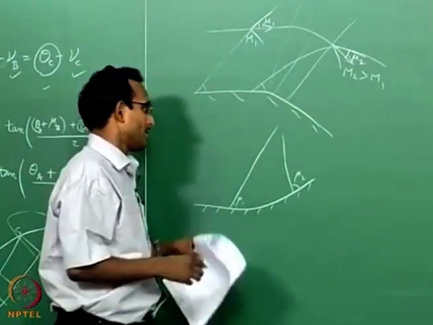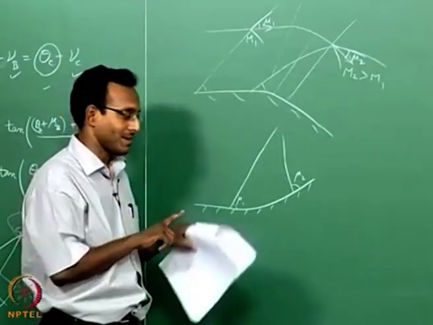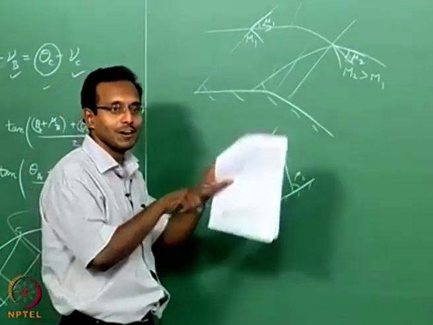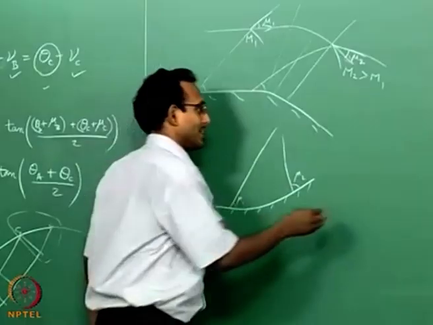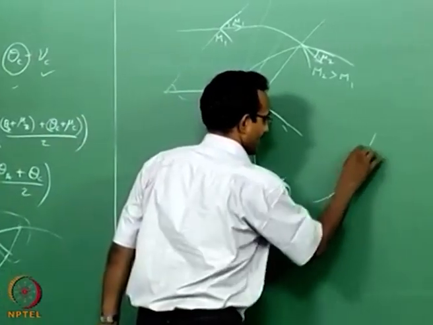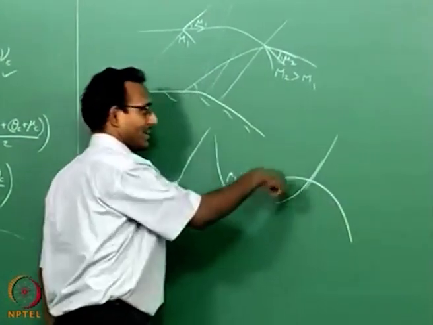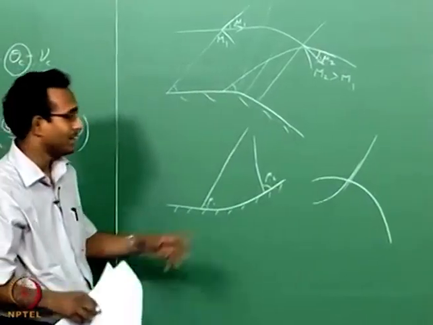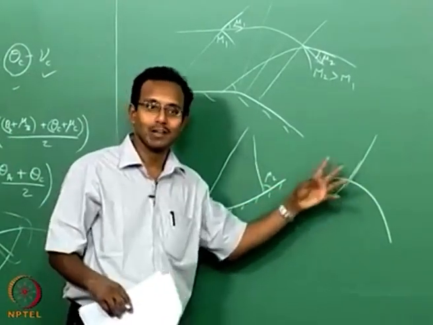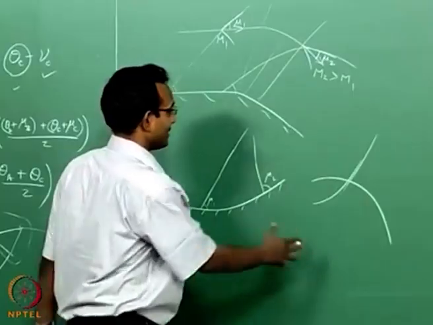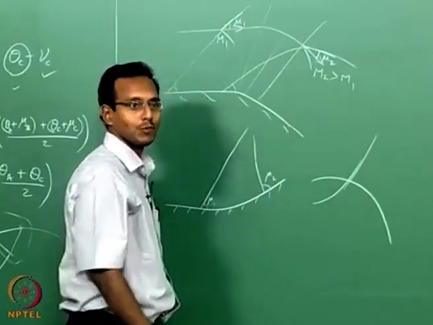Okay. But of course, I cannot say this when I am thinking about one left running and one right running. If there is a case where right running is turning this way and left running is turning this way, I cannot tell anything about the flow at that point. I need more characteristics to tell what will happen there. All I can tell is the flow is non-uniform, nothing more.